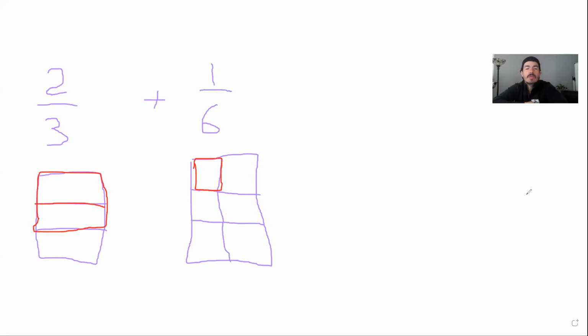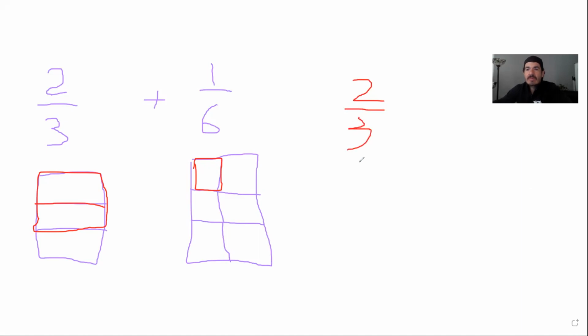Well, to do this problem, we need to find what's called equivalent fractions, right? So we need to find the common denominator, then we add them up. When we're adding fractions, we don't add across the bottom and add across the top like we would in multiplication. We need to find the common denominator and write it in an equivalent fraction. So what is the common denominator? Well, the common denominator is 6.